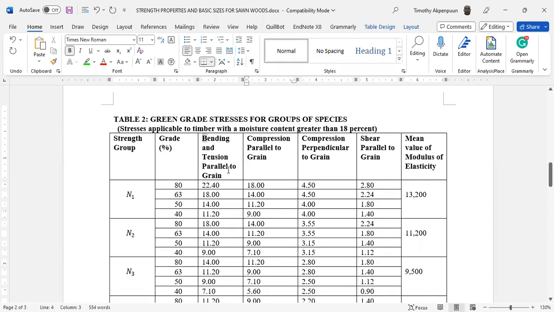You have bending and tension parallel to grain. You don't use this. What you use for beam here is this. And then you have modulus of elasticity, which is the same for all the wood species and all the strength grades.